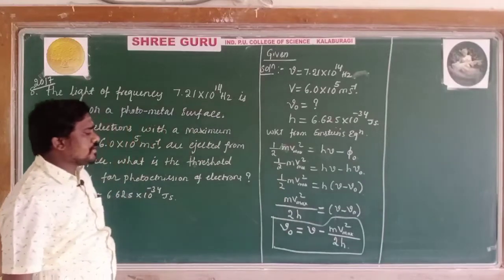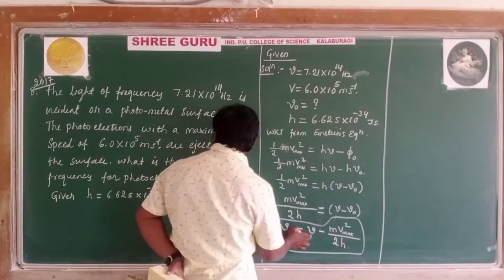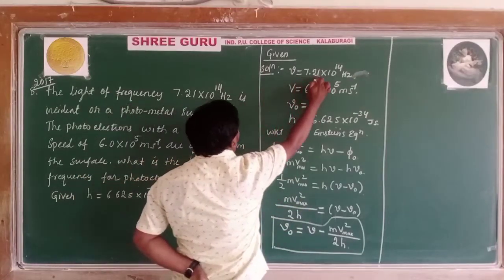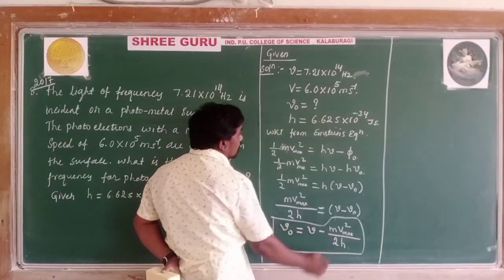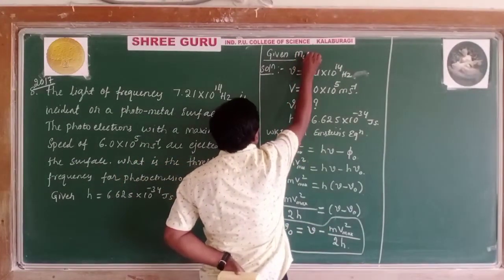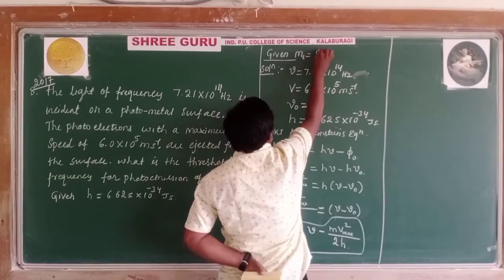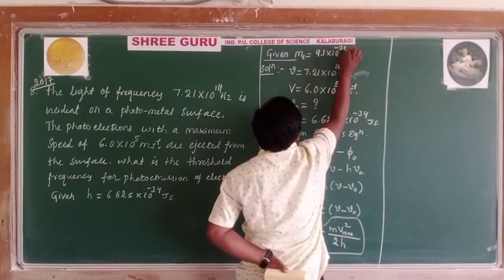We should substitute the given values. Listen here. We know the frequency, that is 7.21 into 10 to the power 14 hertz, and we know the mass of electron. What is the value of the mass of electron? 9.1 into 10 to the power minus 31 kg.